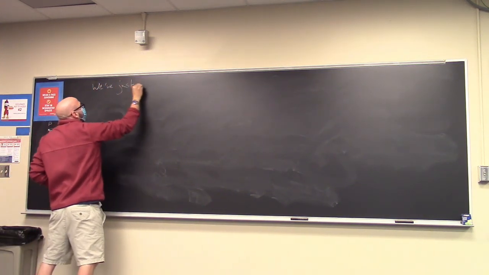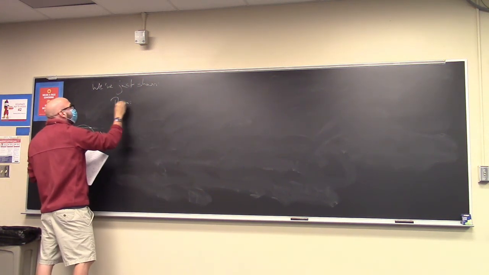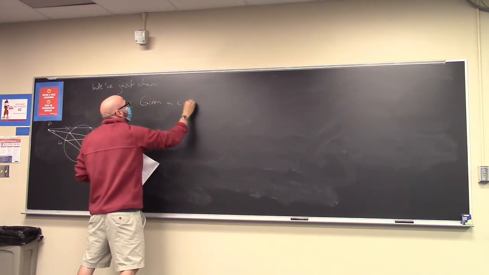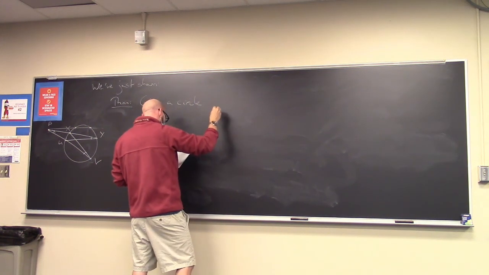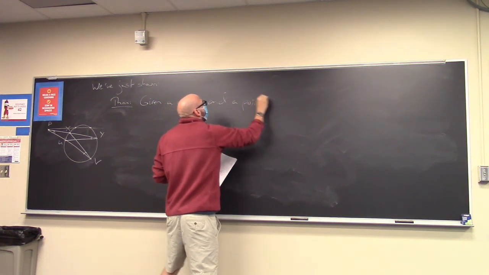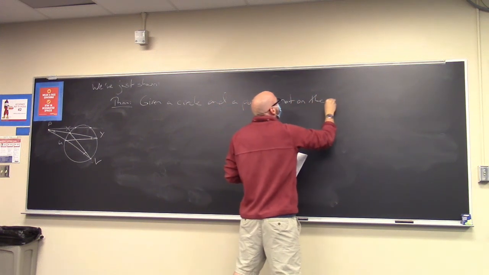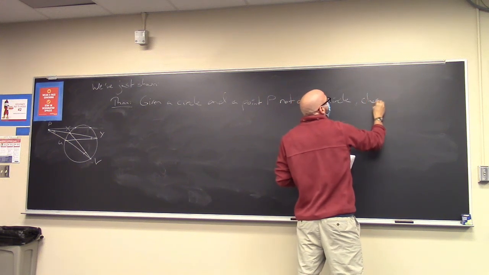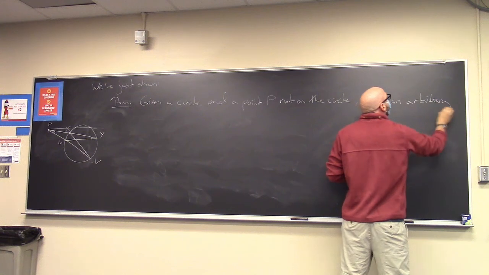So we've just shown this. We've really just proven this. Here's the theorem. Given a circle, actually I won't even name the circle, we don't have to refer to it again. Given a circle and a point P not on the circle, choose an arbitrary line, any line that you want.